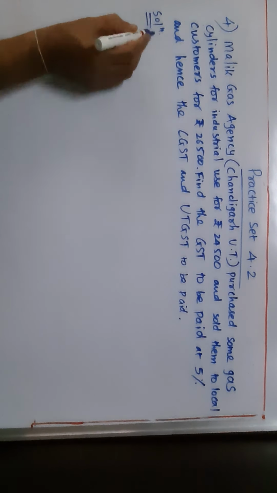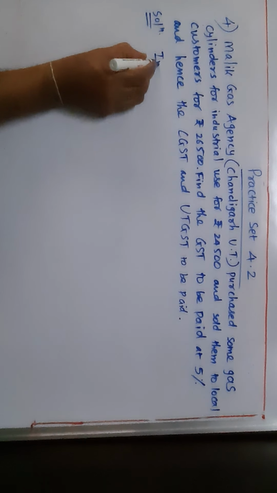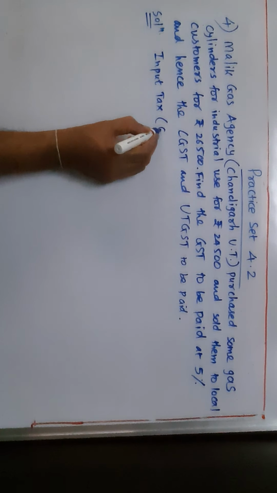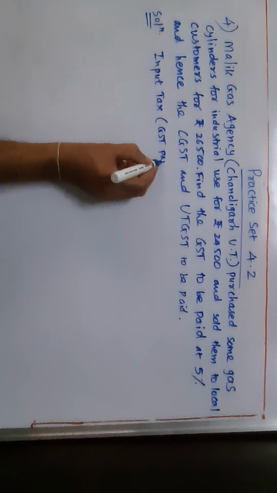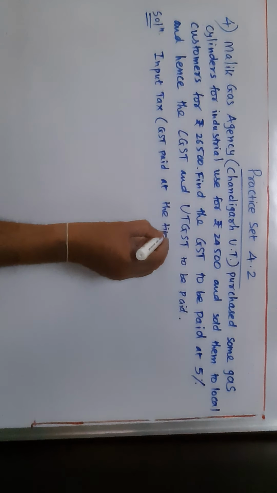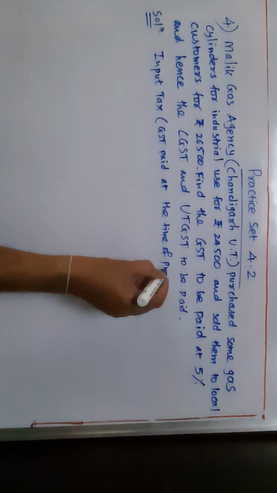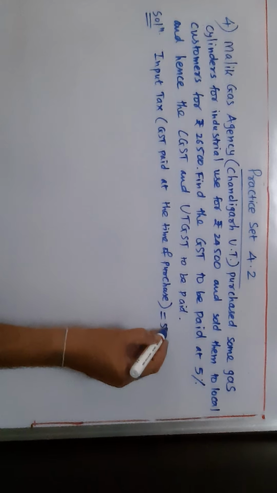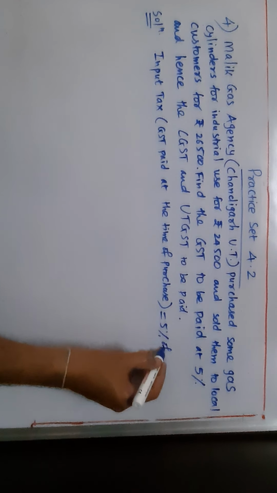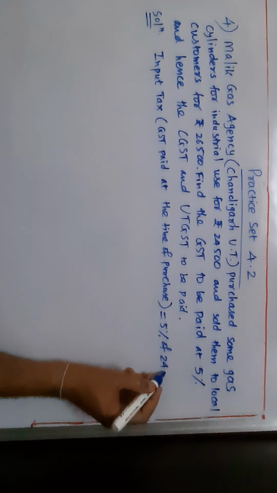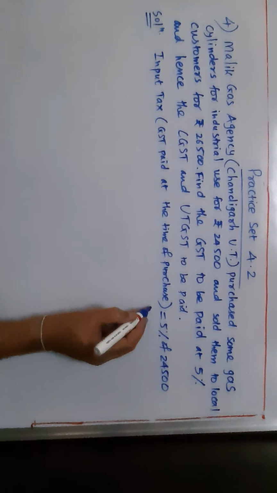In the solution we will write input tax, that is the GST paid at the time of purchase. It is 5% because it is a Union Territory, so a rebate is given in the tax. 5% of the goods. See, this is not the GST, this is the cost of the goods, and this is the taxable value, remember this, 24,500.